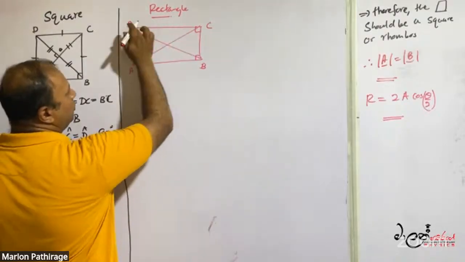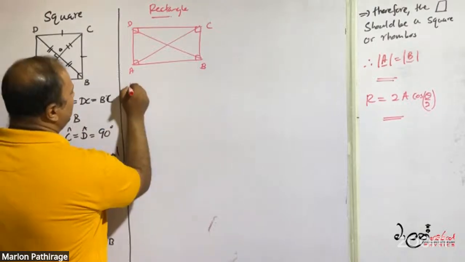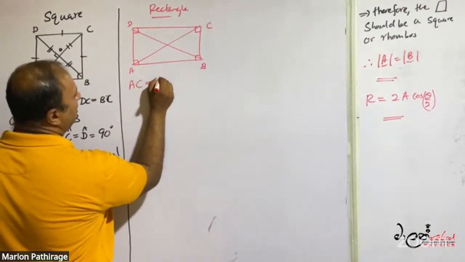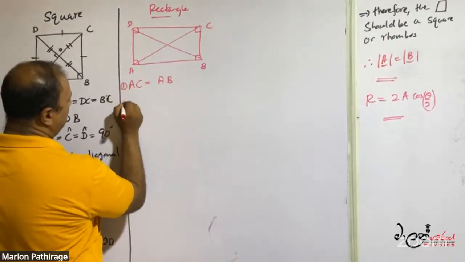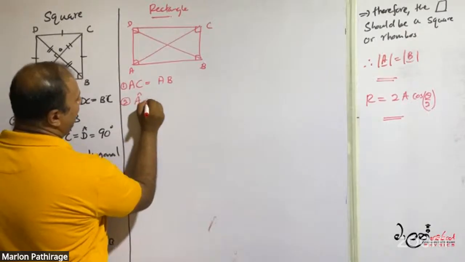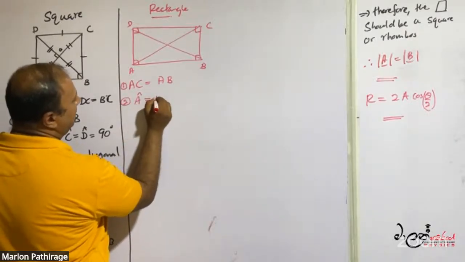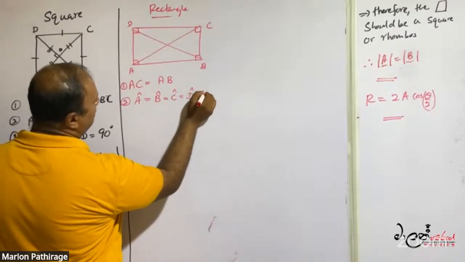And these two diagonals are equal in length, AC equals BD. Second thing, the vertex angle equals 90.